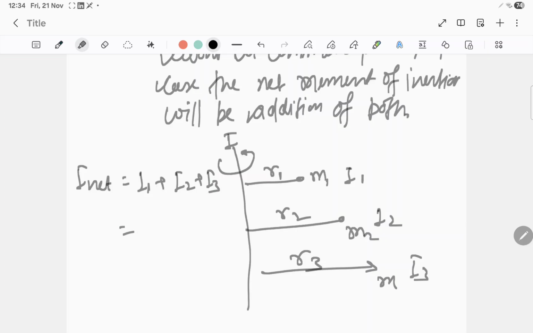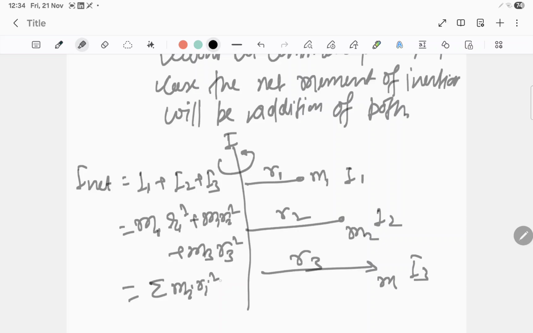What is I1? Again, this is mass m1 into perpendicular distance squared, r1 square, then mass m2 into r2 square, mass m3 into r3 square. In summary we can write this as the summation of mi ri square. This is I net.